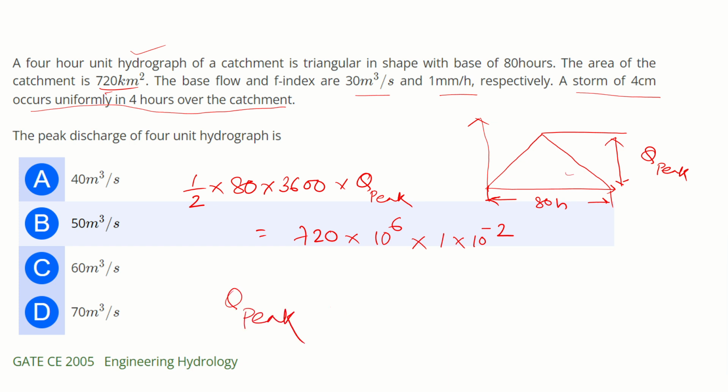Q peak is equal to, if you calculate, this will be nothing but 50 meter cube per second.